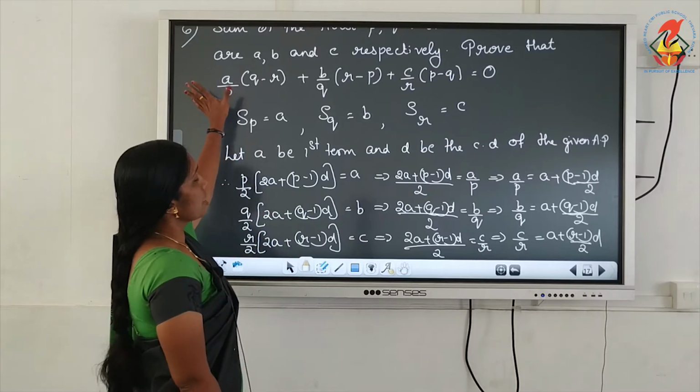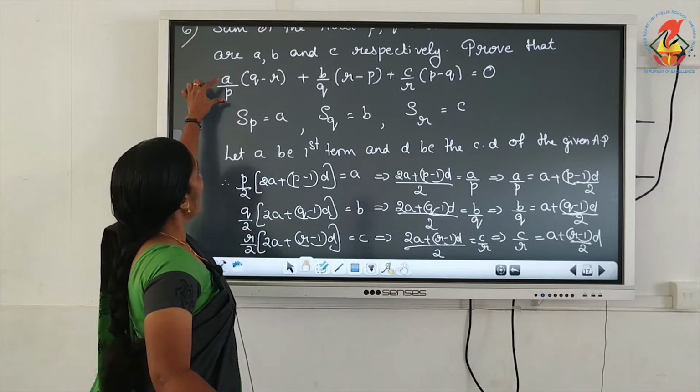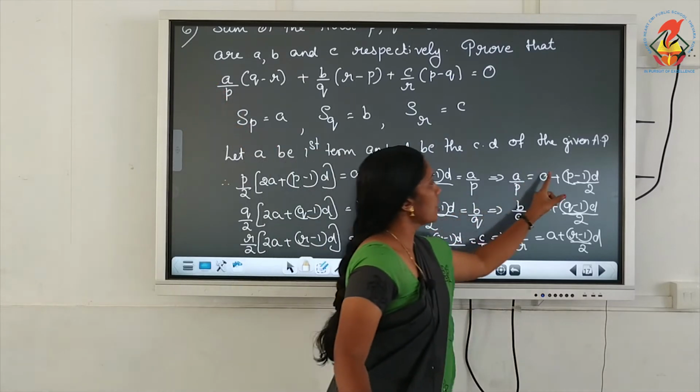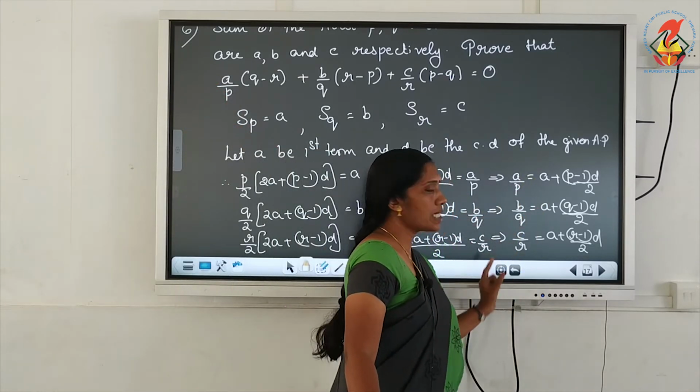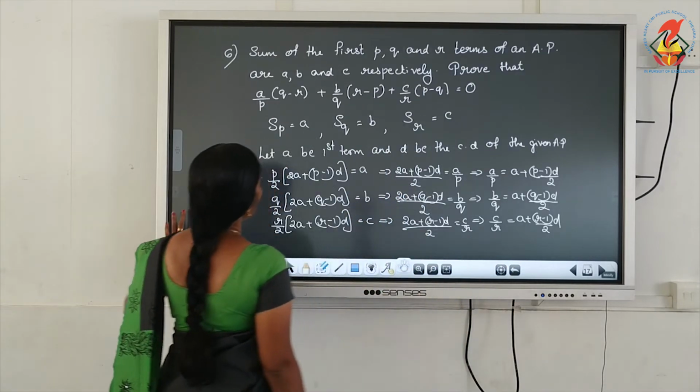Now look at the expression. We have to prove this equal to 0. So take the LHS. We have expressions for a by P, b by Q and c by R. Substitute, then simplify, and you will get 0.